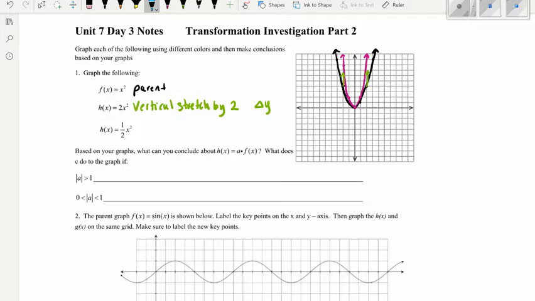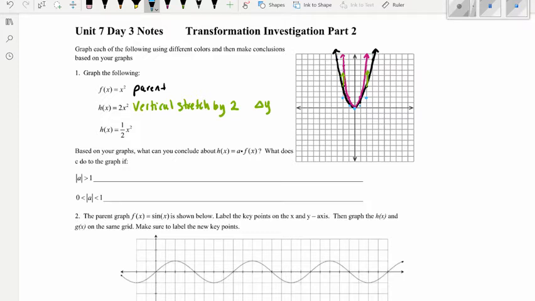So if we look at the next one, if we do 1/2, well, 0 squared times a half is 0. If I plug in 1 squared times a half would give me a half. Same thing with negative 1. If I did 2 squared is 4, and 4 divided by 2 is now 2. Same thing with negative 2. And I could do 3, but since 3 is not an even number, I'm going to do 4 instead because it's going to look better on my graph.